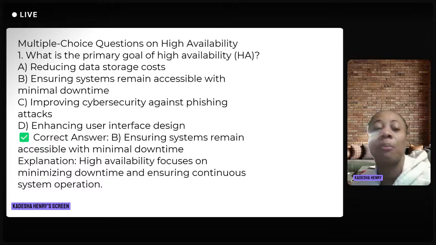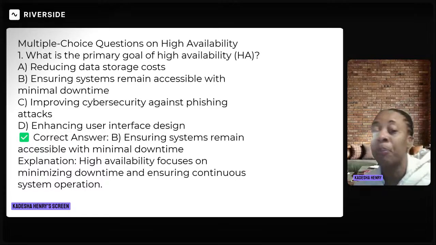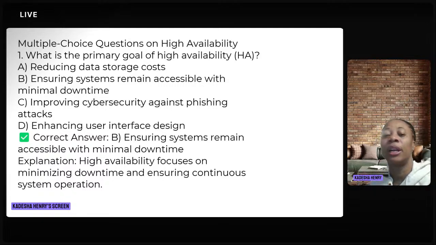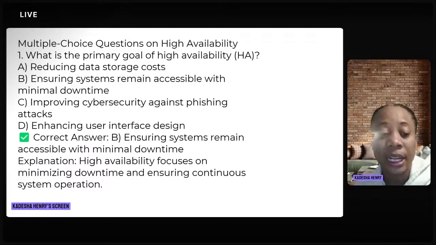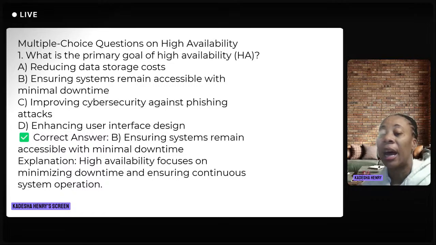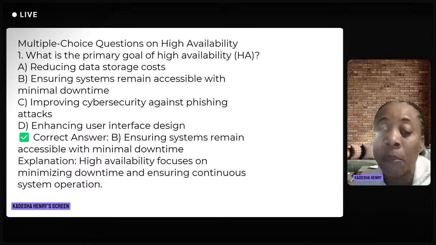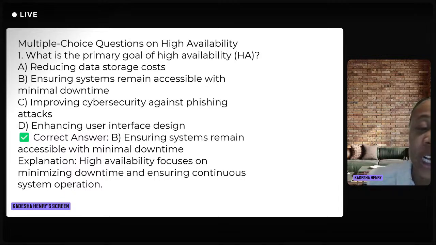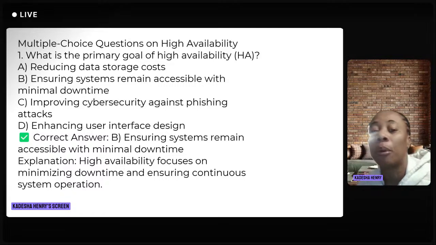Remember, one of the aims or goals of high availability is ensuring the system remains accessible with minimal downtime. High availability focuses on minimizing downtime and ensuring continuous system operation.